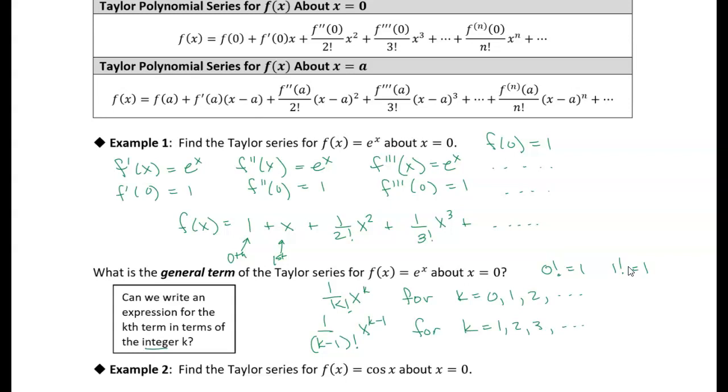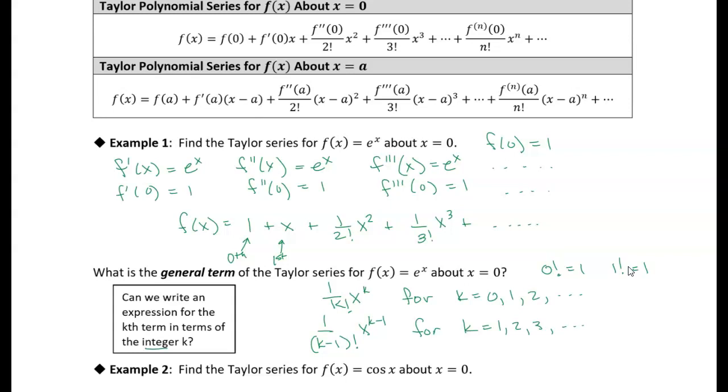And then if we want the second term, k equals 2, we put in k equals 2, we get 1 over 1 factorial, and then x to the 2 minus 1, which is just x, right? So we could write this either way, depending on how we want to define k.